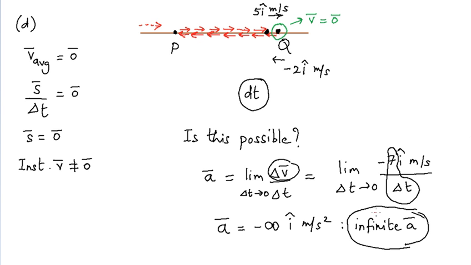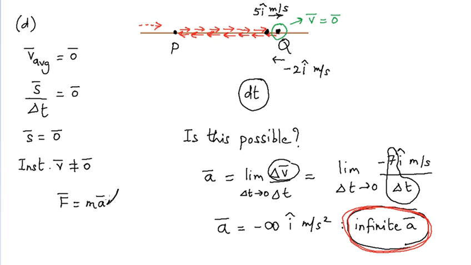Now, something about infinite accelerations. Is it practical for us to assume that infinite accelerations are not allowed? The answer is yes. The condition given in the question is not by accident. Remember, Newton's second law of motion states that the net force acting on a particle is its mass times its acceleration.